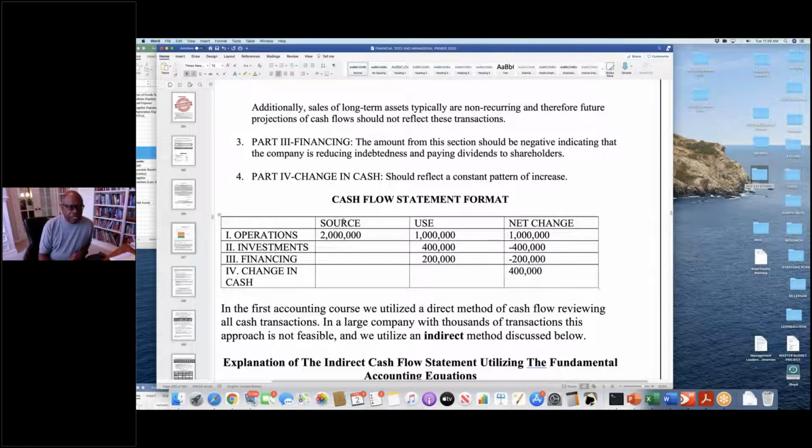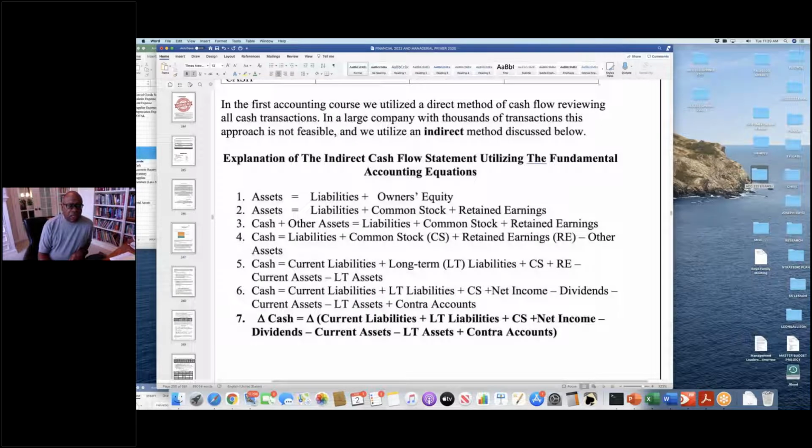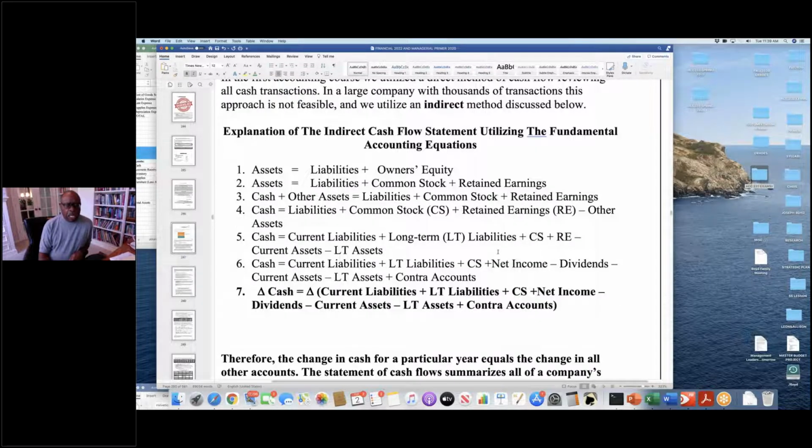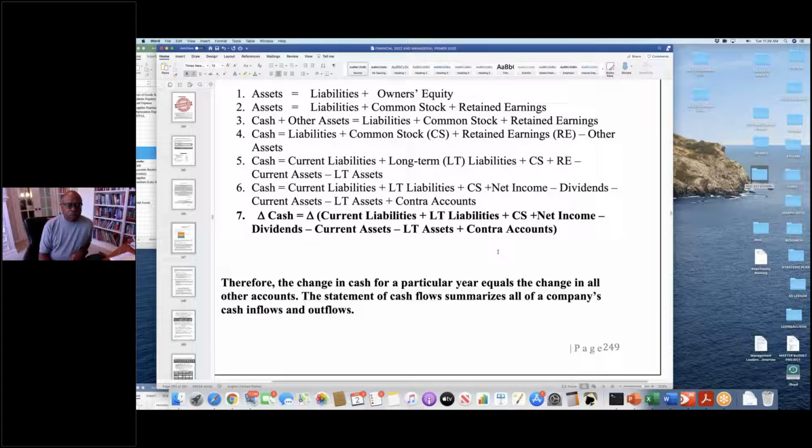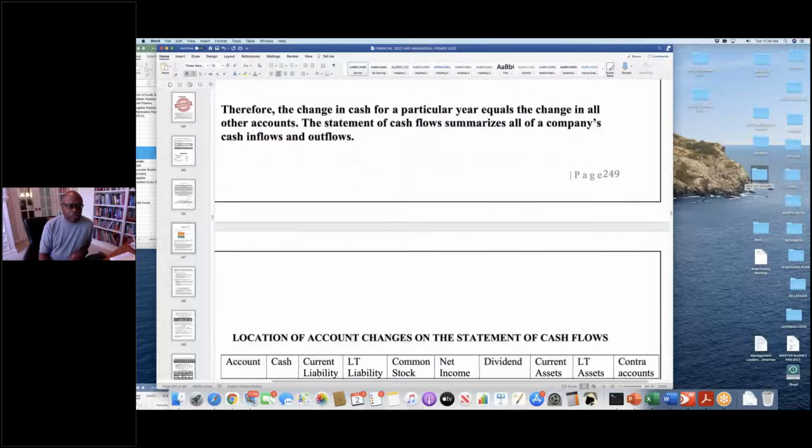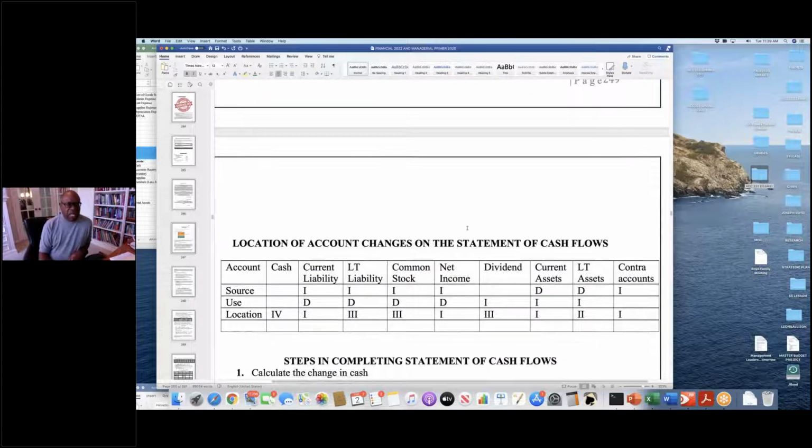You have some changes that are going to be sources, revenue coming in, some that are going to be uses, items spent, then the net change. So now we're going to place all of these items in terms of where they go in those changes. I also said we're looking for cash, that's 4. A current liability is going to be in part 1.